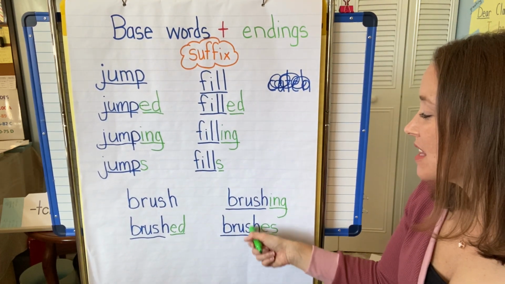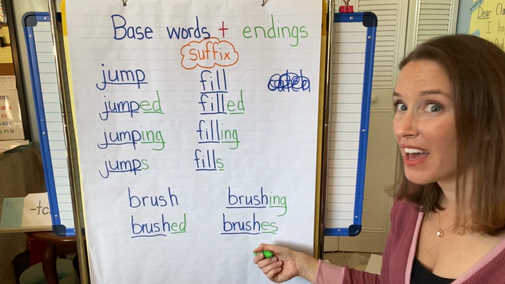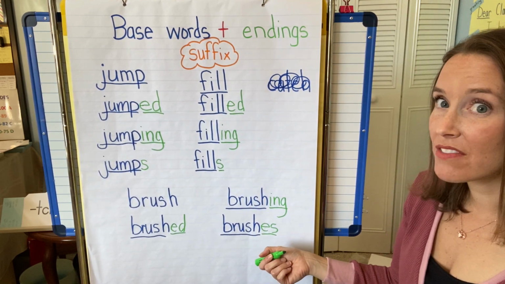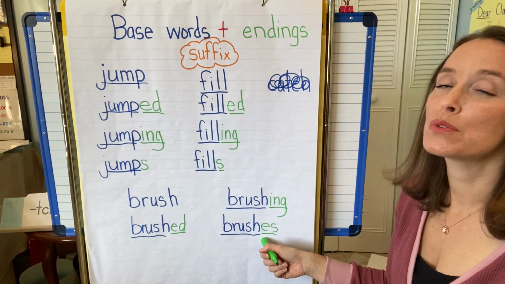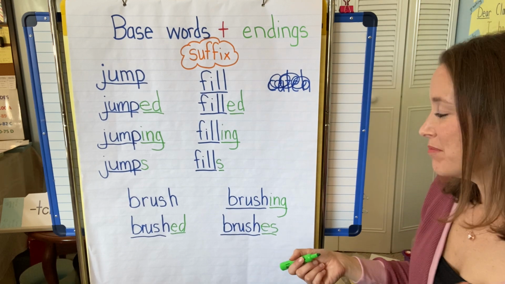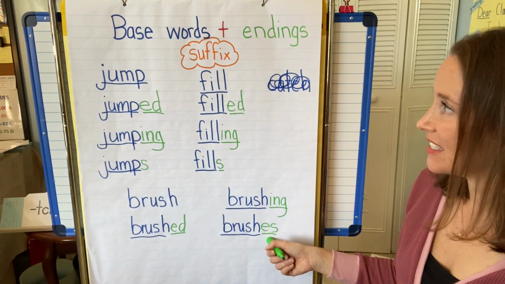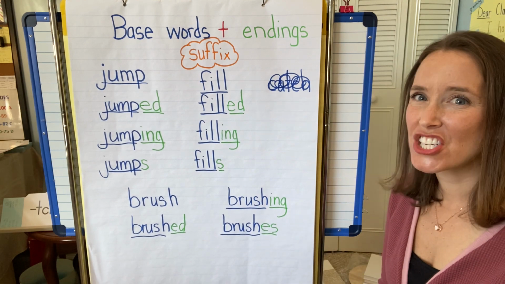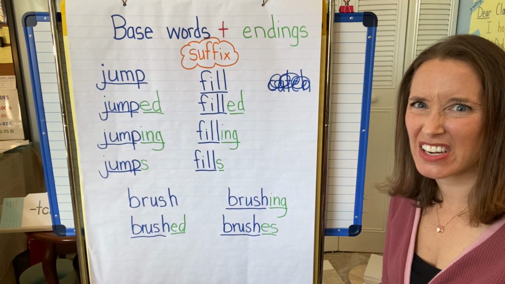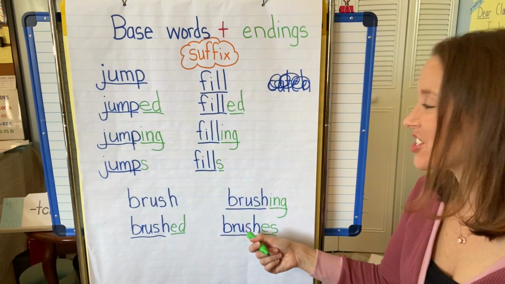Because certain endings like SH, CH, X, Z, when we have those letters at the end, sometimes we need to add ES. Also, sometimes if we end in certain vowels as well, we add ES. And when you say brushes, you actually hear the es, right? And our tongue goes out for the letter E, brushes.